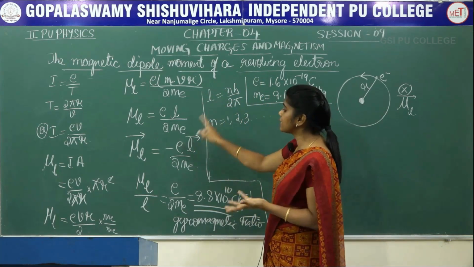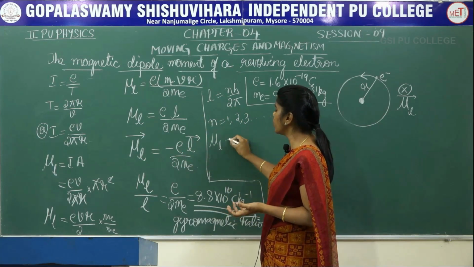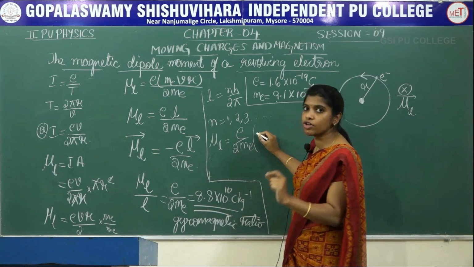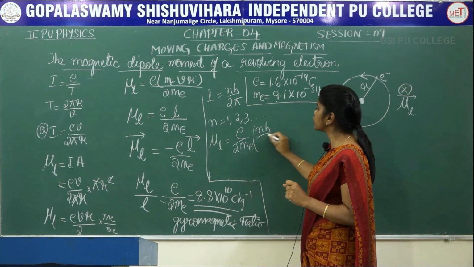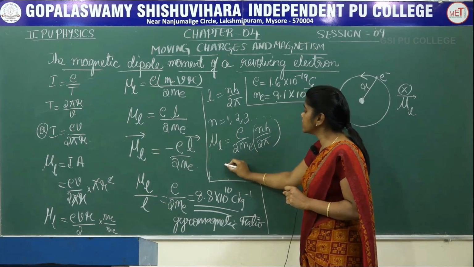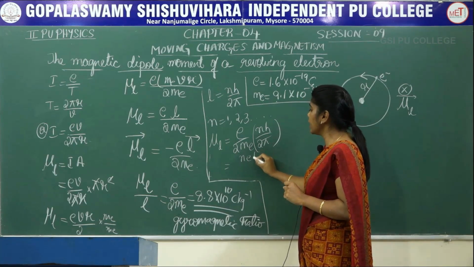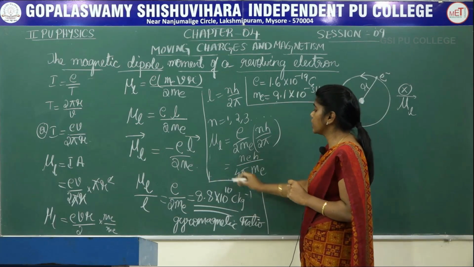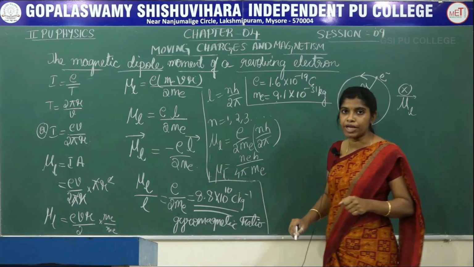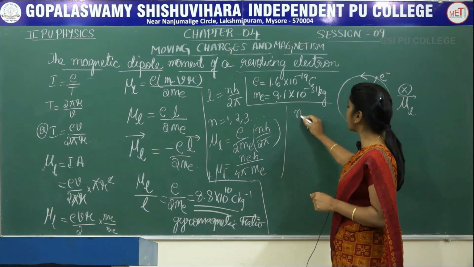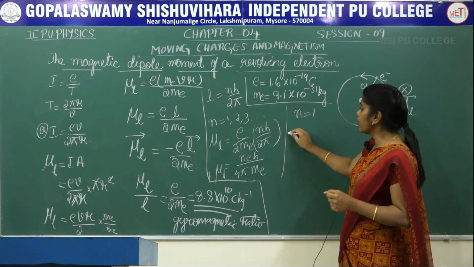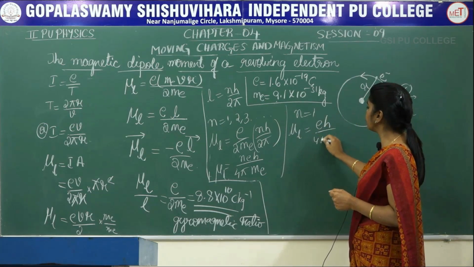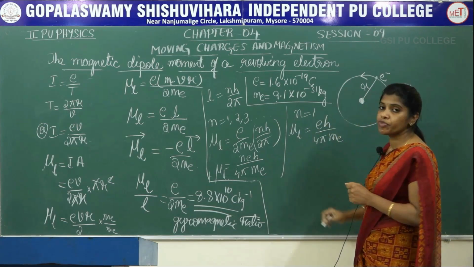Substituting this L in the formula, I am going to get mu L is equal to e by 2me into, in place of L, nh by 2 pi, and this will be equal to neh by 4 pi me. Now if I substitute n as equal to 1, then mu L will be equal to eh by 4 pi me.